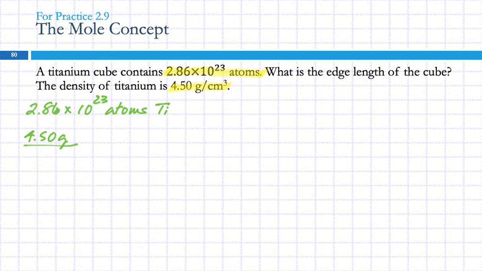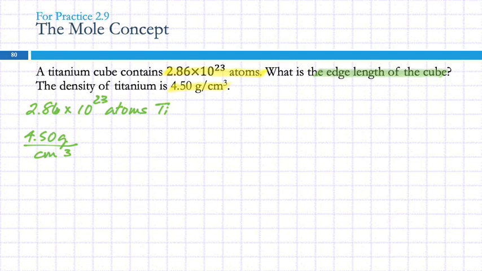Let's write that as a vertical fraction so we can clearly see that it's a fraction. What are we trying to find? The edge length, that means we're trying to get just centimeters.